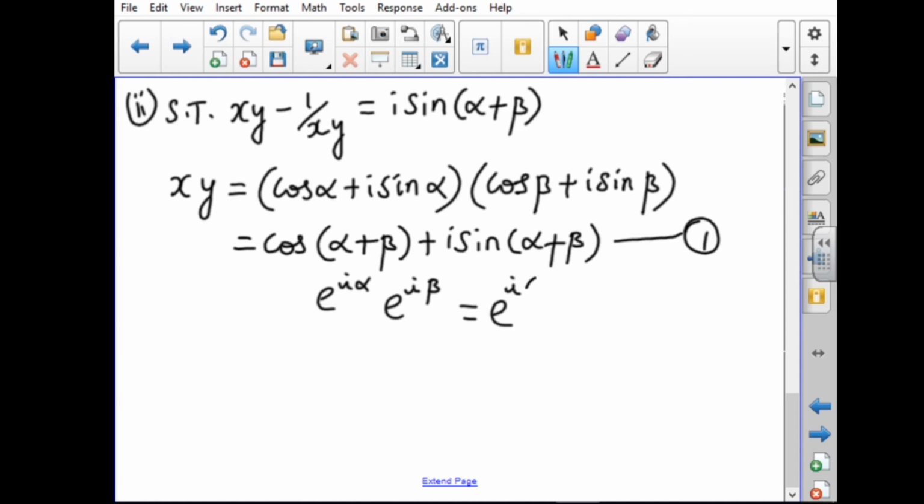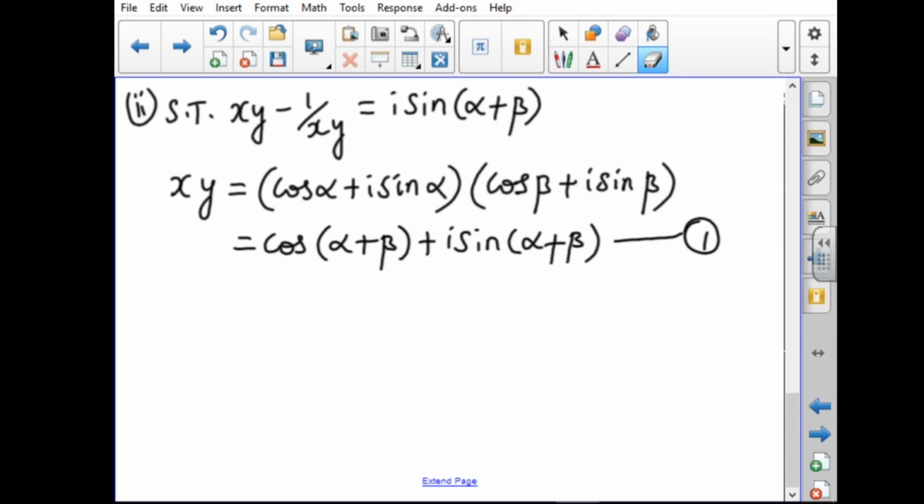Taking i common, it becomes i into alpha plus beta. So e power i into alpha plus beta is nothing but cos of alpha plus beta plus i sine of alpha plus beta. To write the short form, we can use the Euler form, or otherwise write it in the polar form.